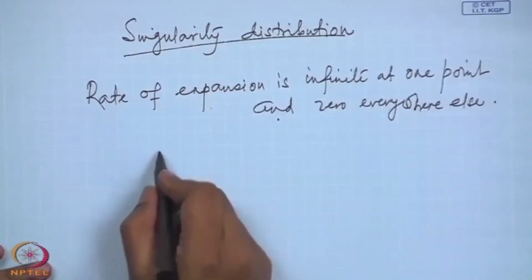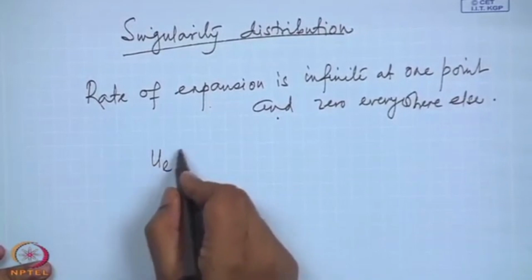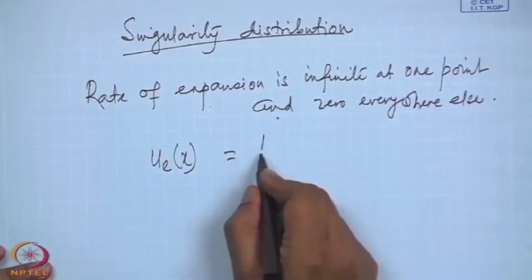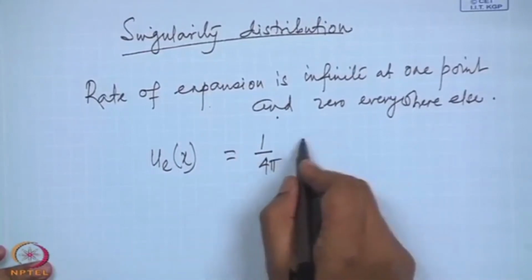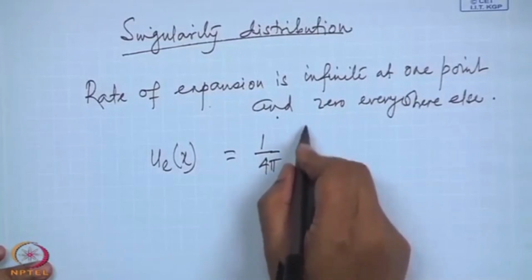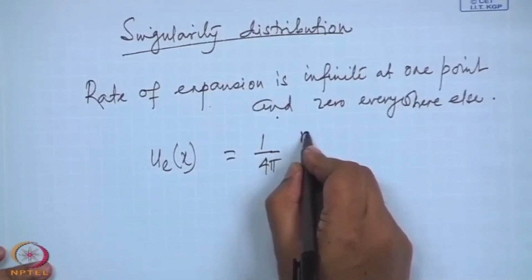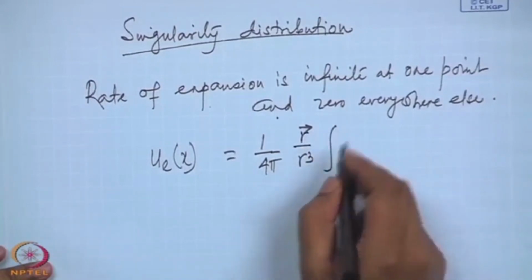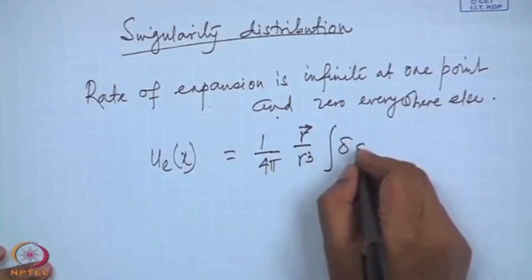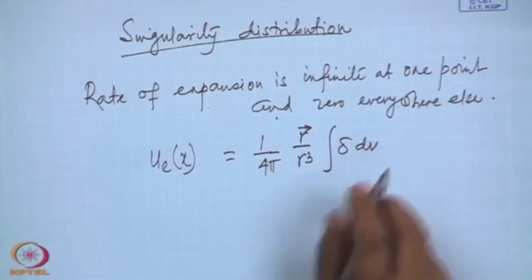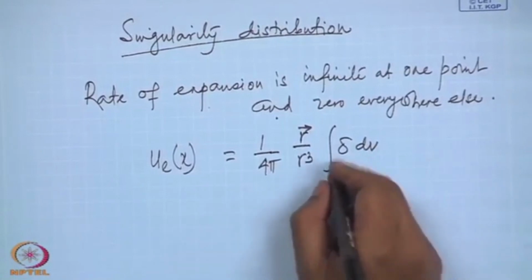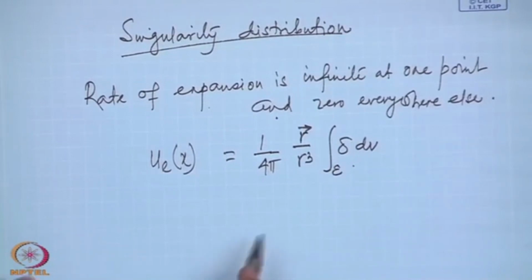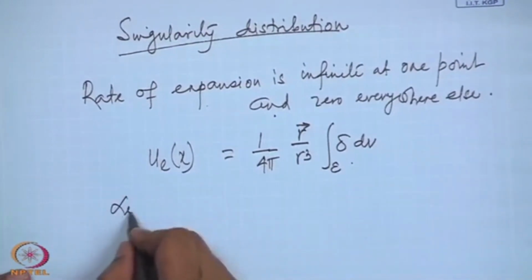The velocity field obtained at any point x, we have already obtained it, is 1 by 4 pi into the integral, and you can write, let epsilon approach 0.